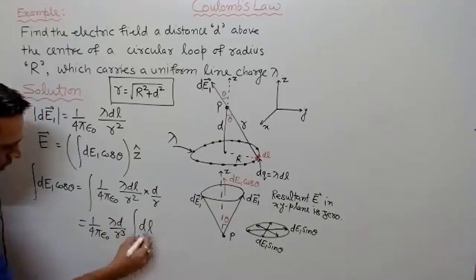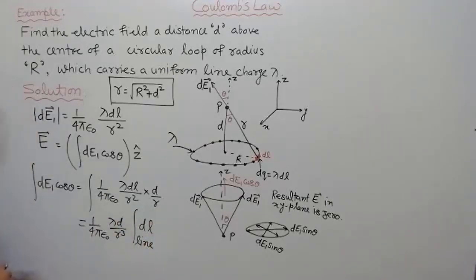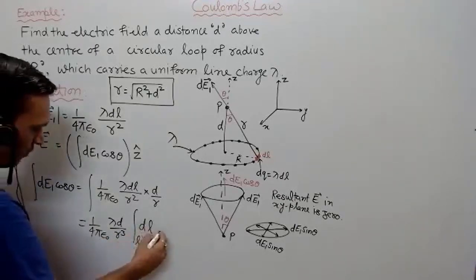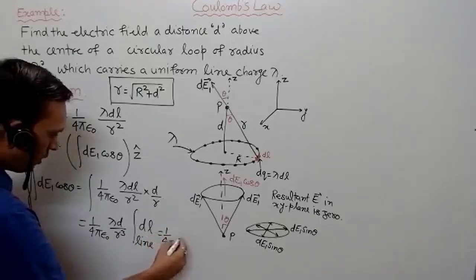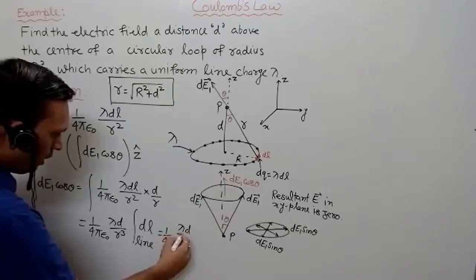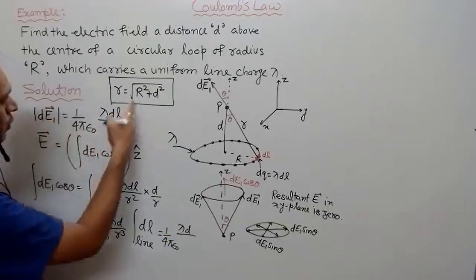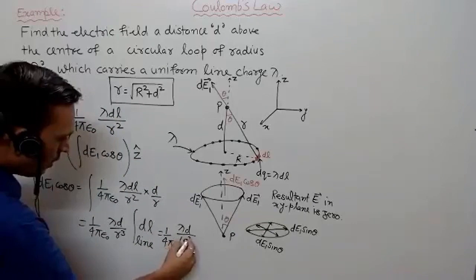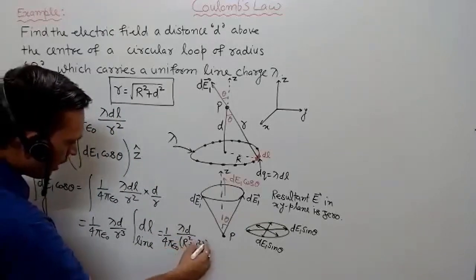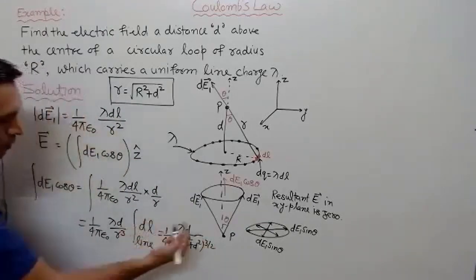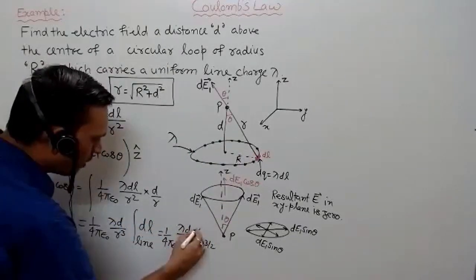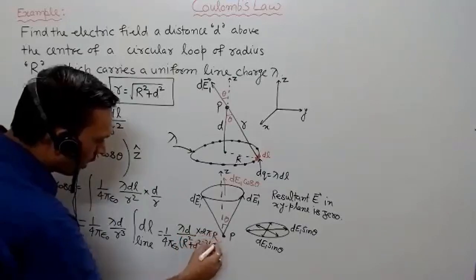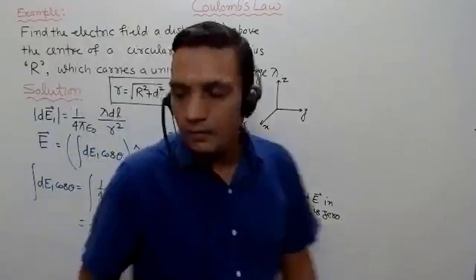And this integral is a line integral. So if you integrate this, this will give you 1 by 4 pi epsilon naught lambda into d by small r cube, which is r square plus d square power 3 by 2. And the integral of dl over this will be 2 pi r.